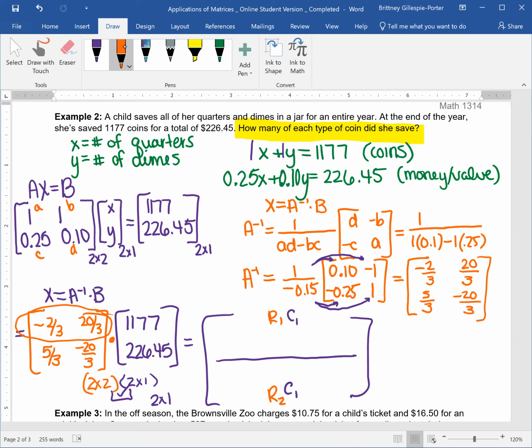So we're going to take row 1 from our orange A inverse matrix, negative 2/3 times our 1177, plus, because it's always plus, 20 over 3 times our 226.45.